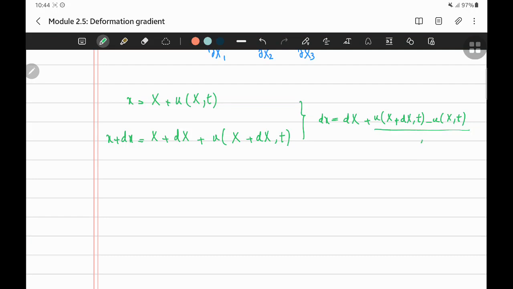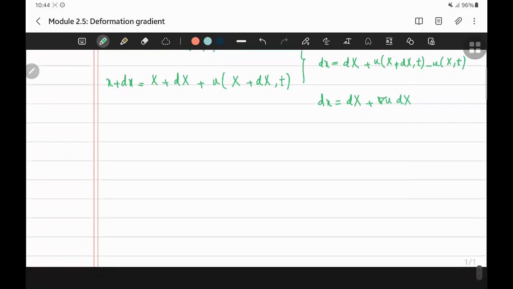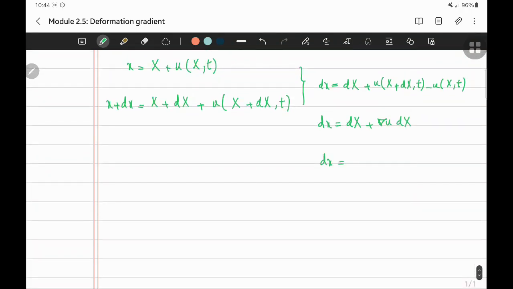We already said that if you divide this by d capital X, this is the gradient of u. So dx becomes dX plus del u dX, and we can write this as (I plus del u) dX. This is another representation of the finite deformation.